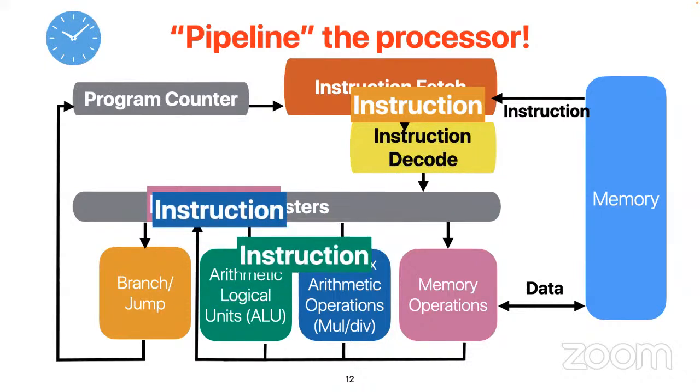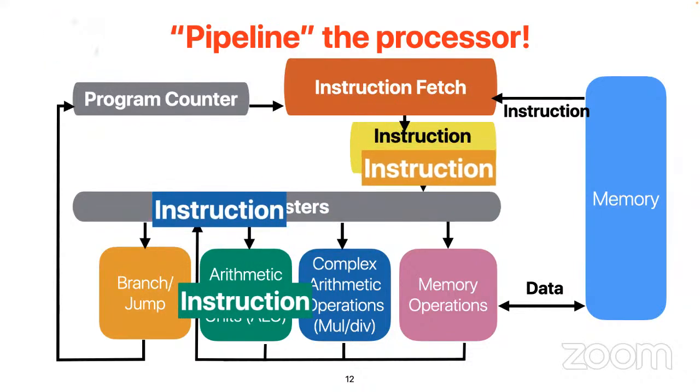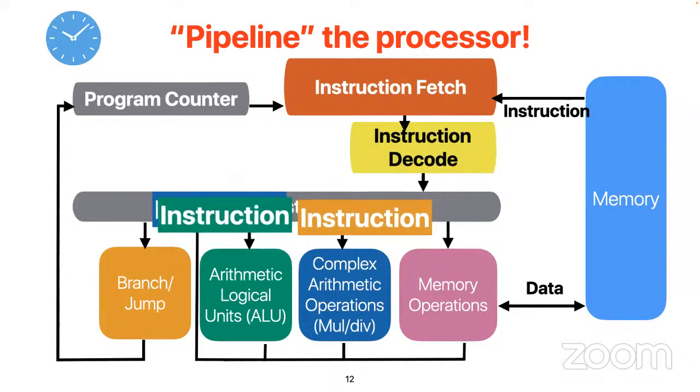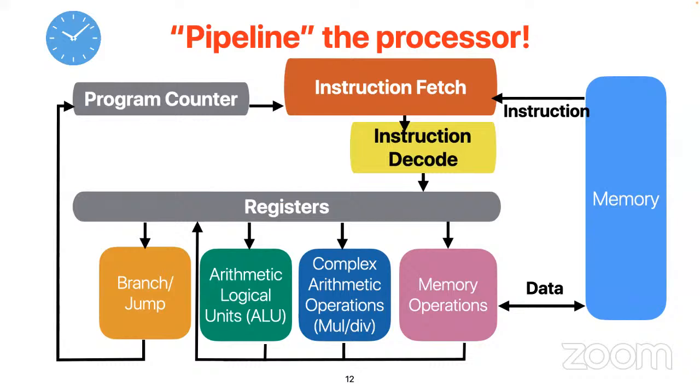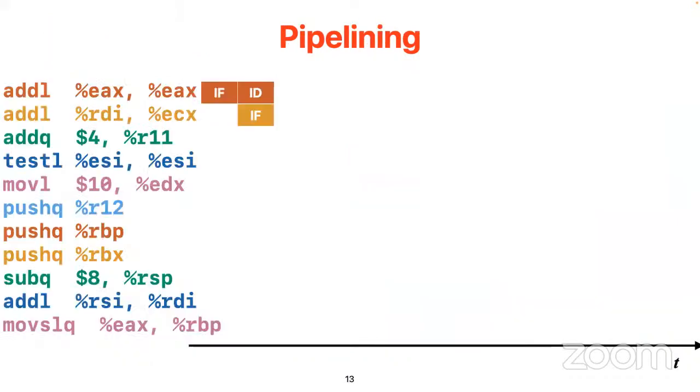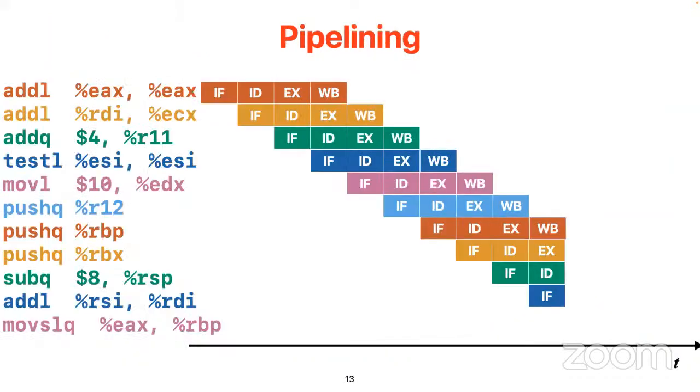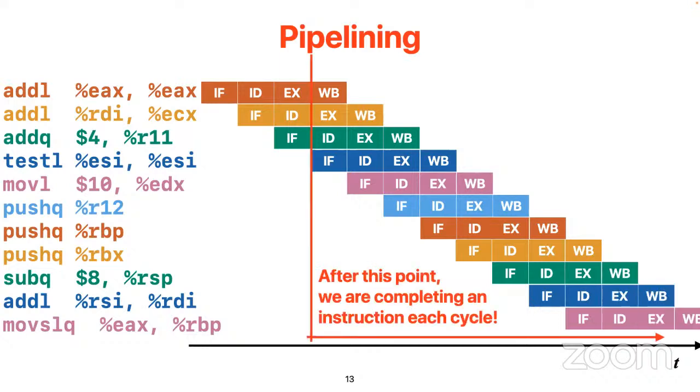And at some point, if you can keep feeding instructions into the processor, then you will figure out that the pipeline creates an illusion from the observer's perspective.